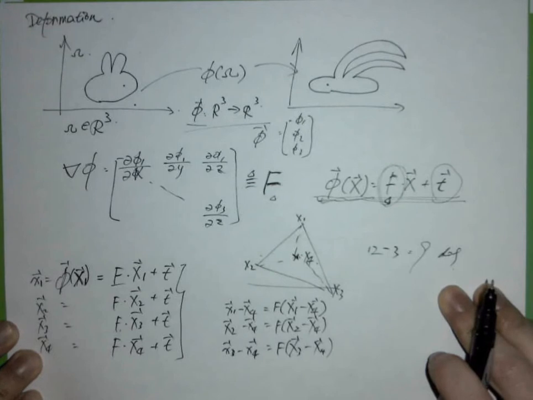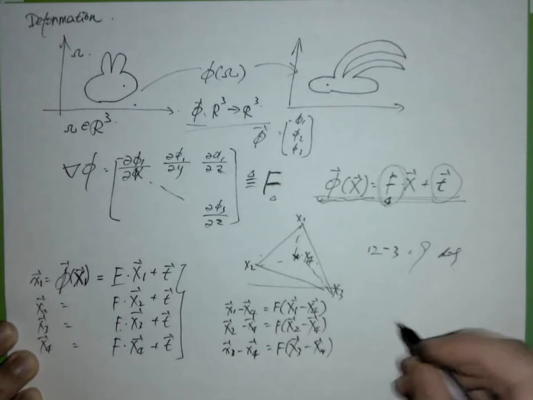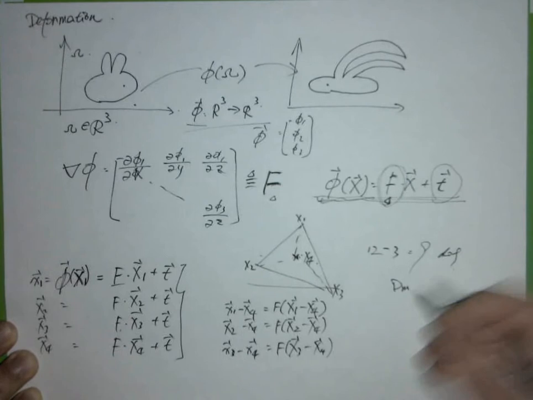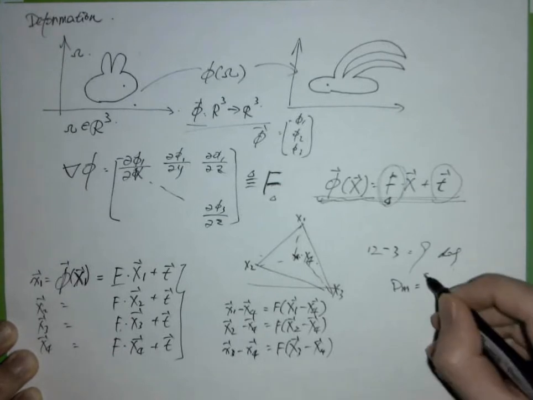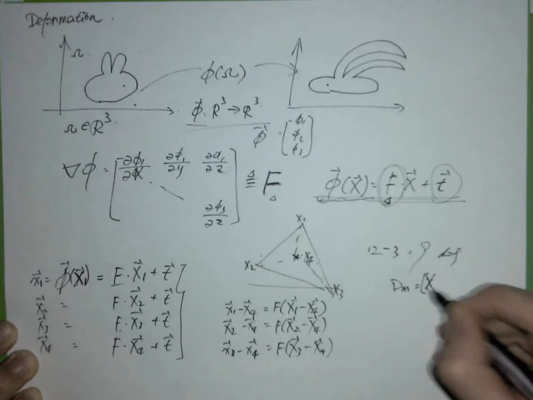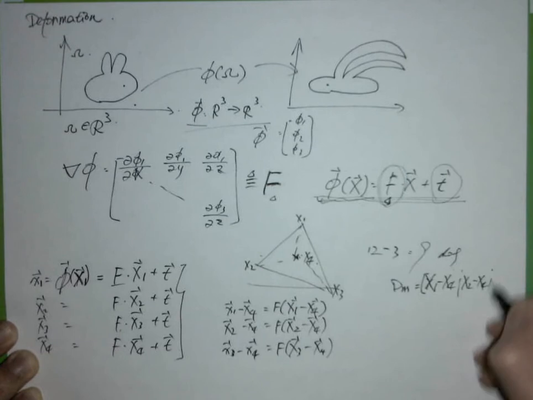Then we can write it down in matrix form. If I have a matrix Dm in material space, it equals uppercase X1 minus X4, then X2 minus X4, X3 minus X4.